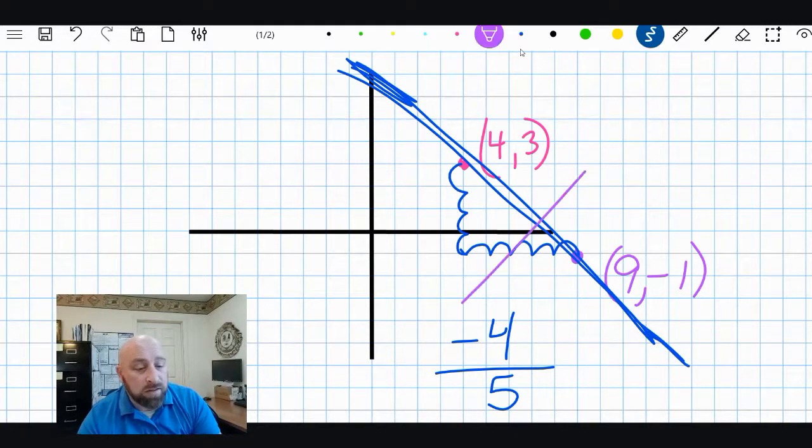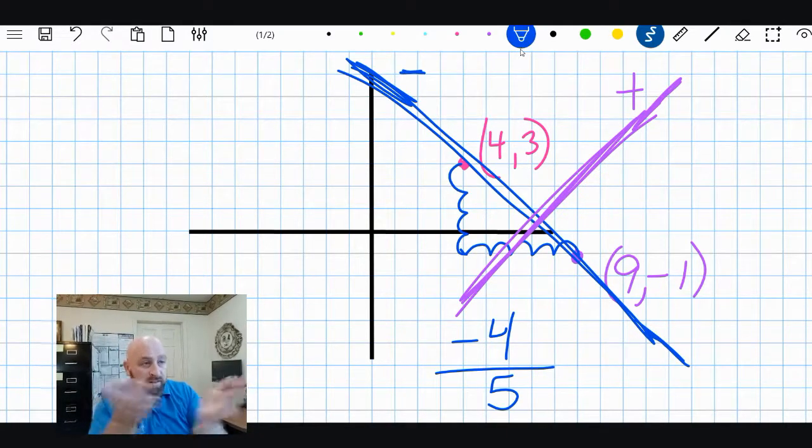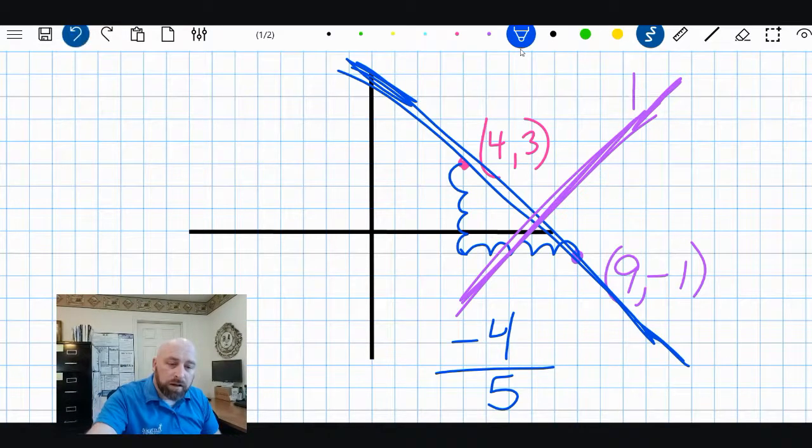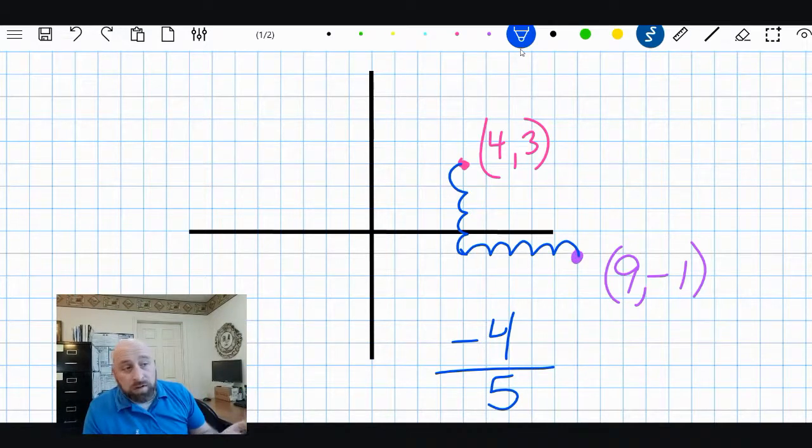If a line goes this way, where it's going up to the right, then this would be a positive sloping line. This would be a negative sloping line. So you can see the difference in the way that the lines slope. Positive, negative slopes. All right, so hopefully you got most of that. But you can have a negative slope, you can have a positive slope, you can have two negatives, negative, negative. Well, that becomes a positive.